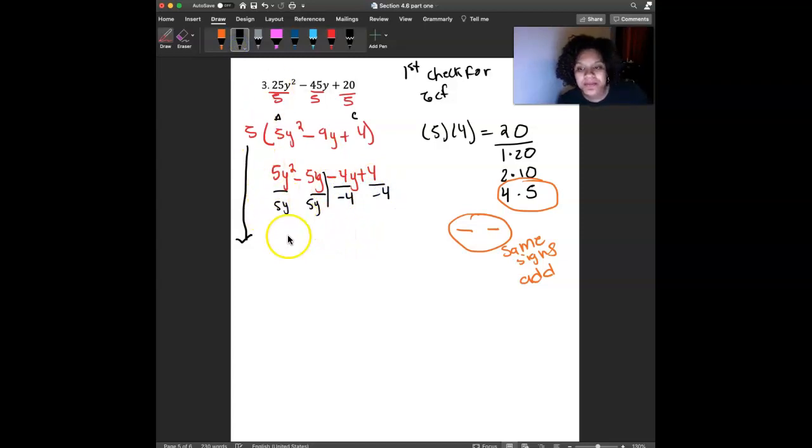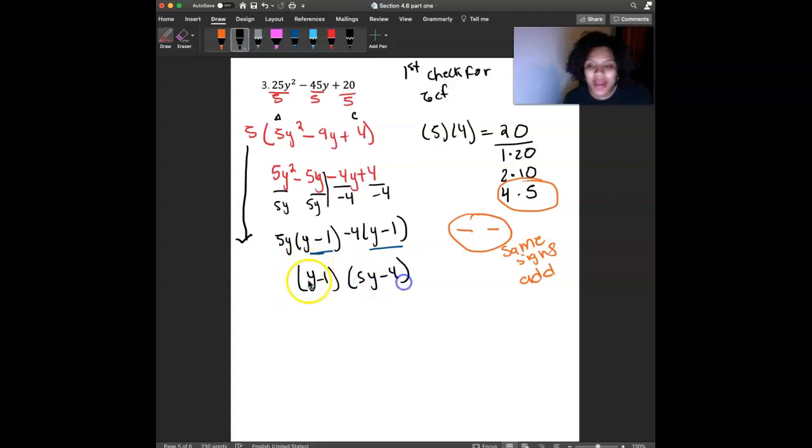All right. So I have 5y times y minus 1. I have the negative 4, and I have y minus 1. Yay! This and this are the same. So then we're going to go ahead and bring everything else down. So I have y minus 1, in parentheses, and 5y minus 4.